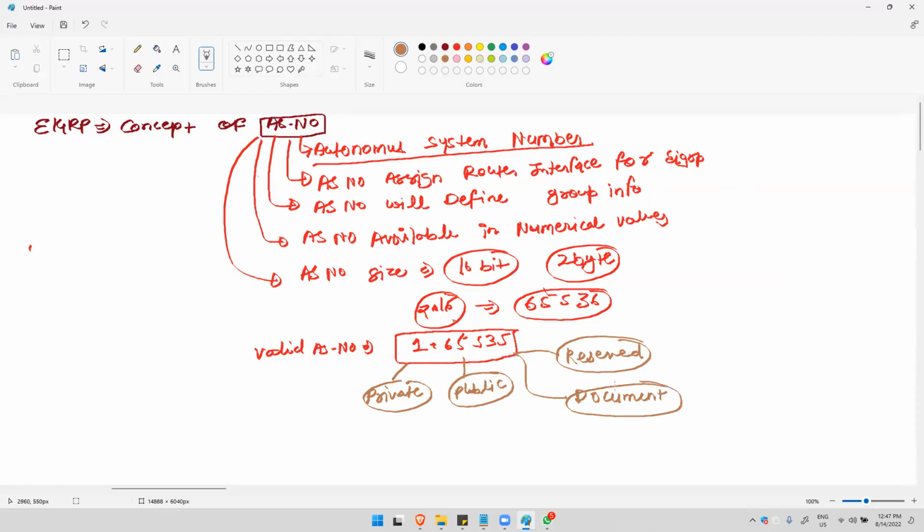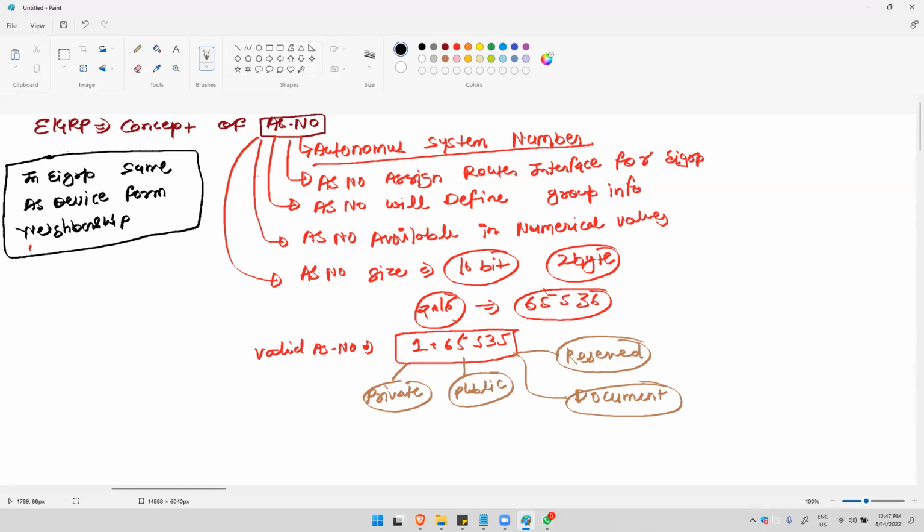Clear? So one more thing you can write down for AS. In EIGRP, same AS devices form which thing? Neighborship. Only the same AS. Okay.